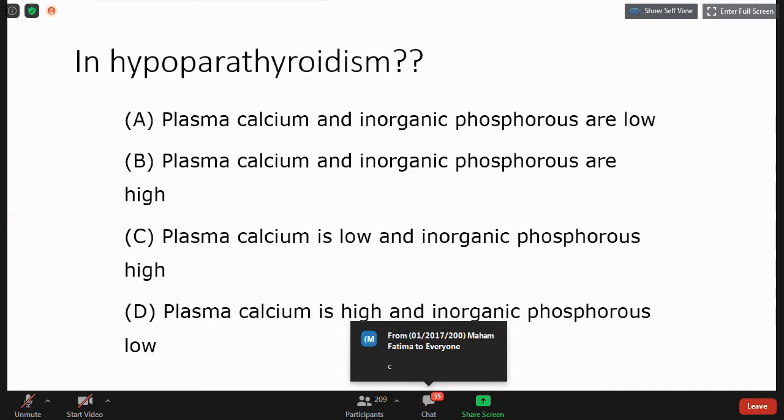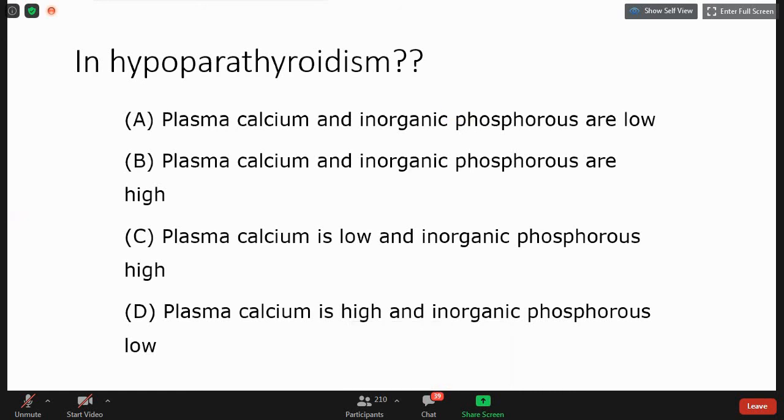Mahanur, Amjad, Maham Fatma, Dania Tariq, Hussein, Ahmed. Why is it C? Can anyone explain why the correct option is C? Plasma calcium is low and inorganic phosphorus high. Can anyone explain?